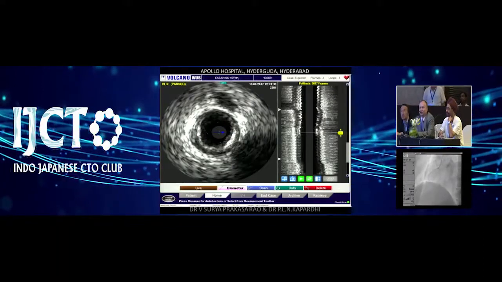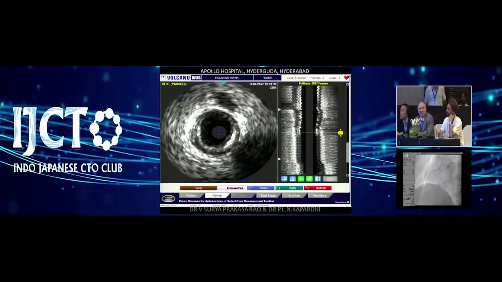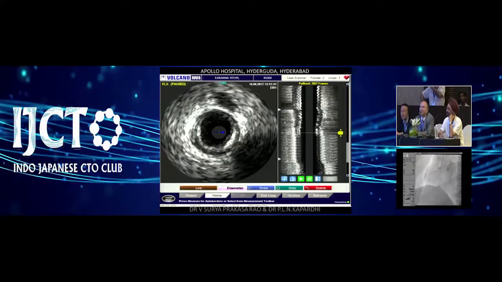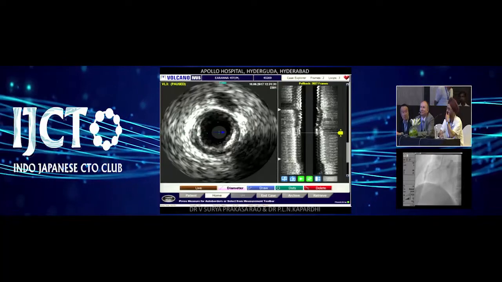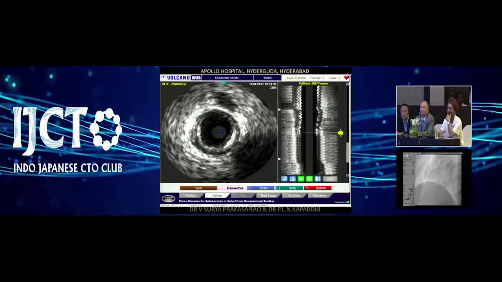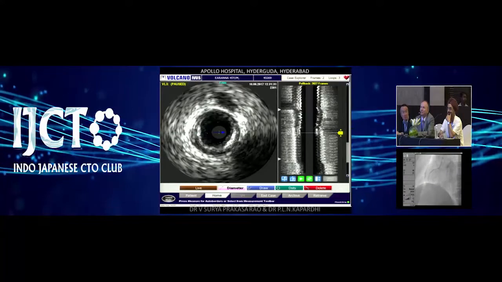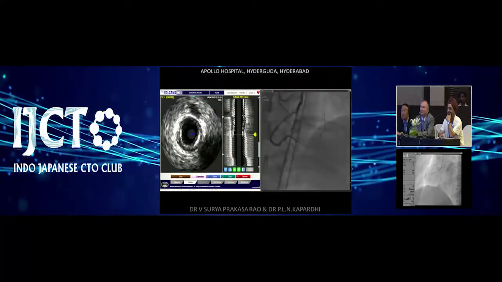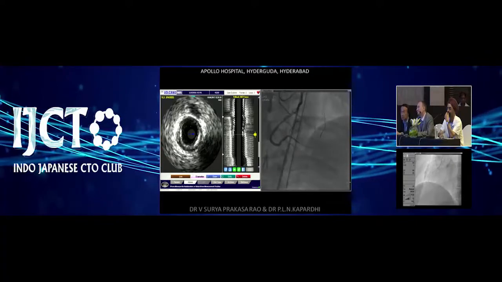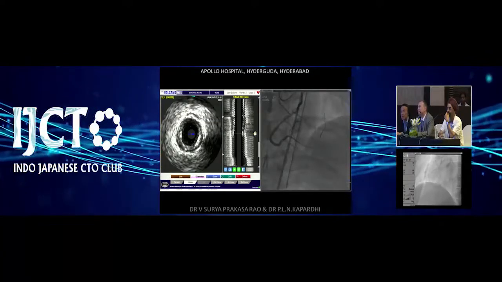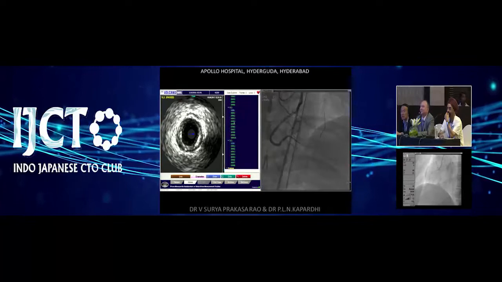So, Dr. Rao, you tell us what is your decision about the stent? How much is the diameter? The plaque burden came about 15-16%, not much. Vessel diameter is around 3.5.